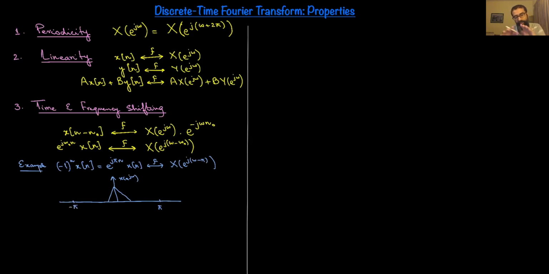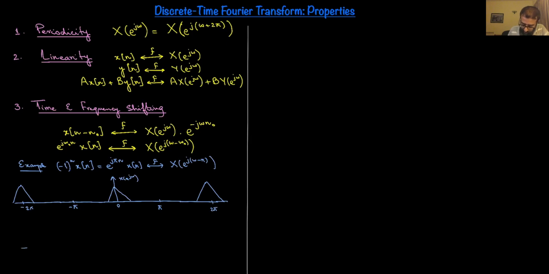So the Fourier transform is 0 at pi, and it's non-zero around the frequency of 0. And since the Fourier transform is periodic, I must have a copy here, and I must have a copy at -2 pi as well, which is exactly the same as the copy I have at 0.